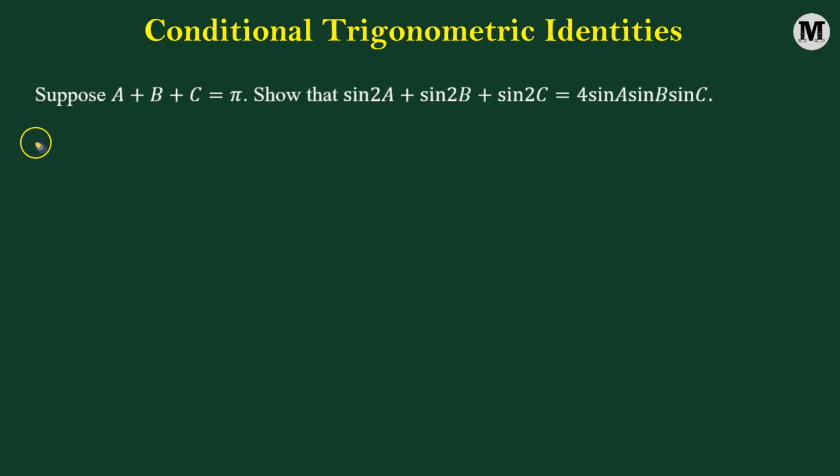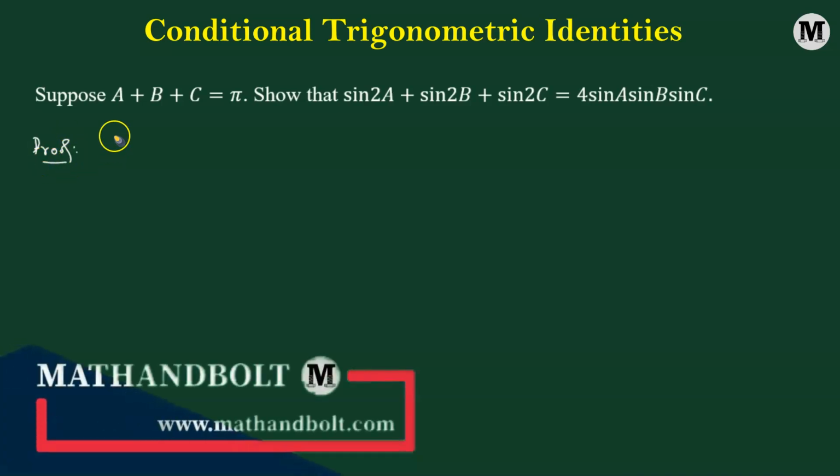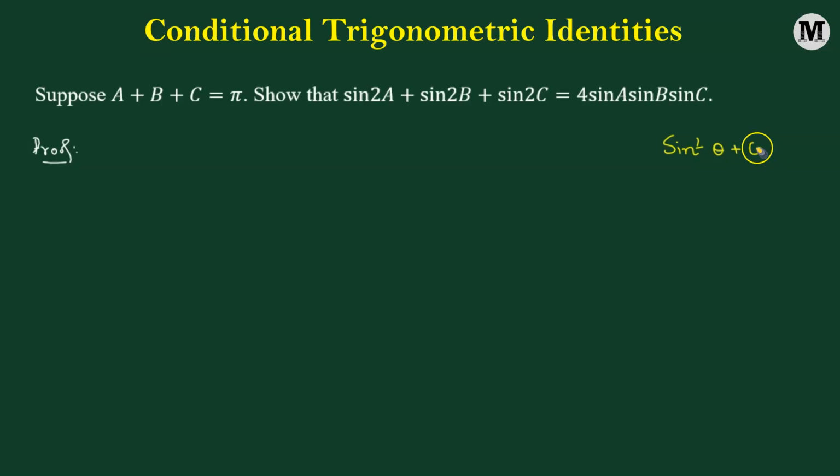Okay, let us begin. This is a problem involving conditional trig identities. Conditional means, let's say we take the identity sine squared theta plus cosine squared theta equals 1. This is a trigonometric identity because it's true for any value of theta that we choose.